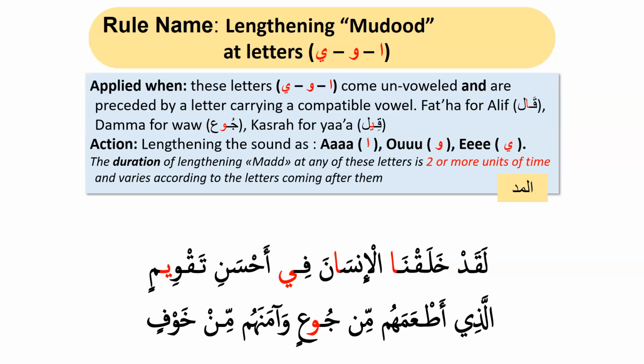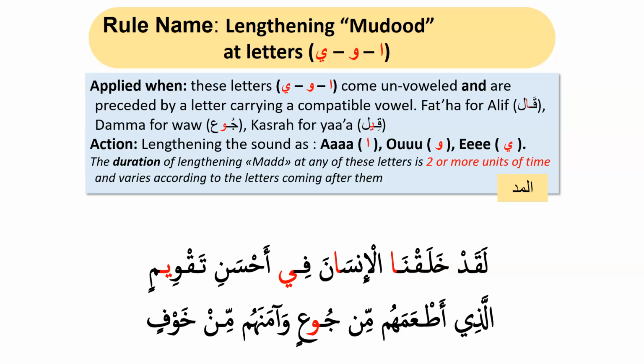The first is that these three letters that are inherently vulnerable to prolongation, elongation or extension should come sakina, unvoweled, so carrying sukun, or in other words, not carrying fatha, dhamma, or kasra. So it does not carry any of the three vowels that we know. This is the first rule.